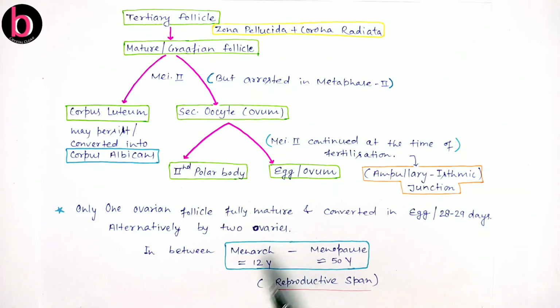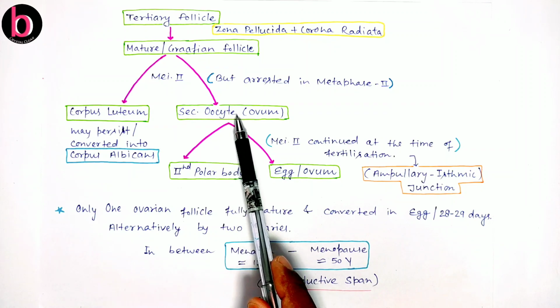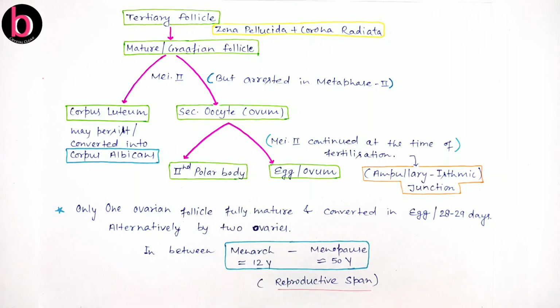Now when this secondary oocyte comes in contact with sperm after insemination, then there will be completion of meiosis II at the time of fertilization. And where does fertilization occur? We already discussed this occurs in the ampullary-isthmic junction of the fallopian tube. If there is no fertilization, then this secondary oocyte, without completion of meiosis II, comes outside of the body in the process of menses, that is the menstrual discharge that occurs after the menstrual cycle.